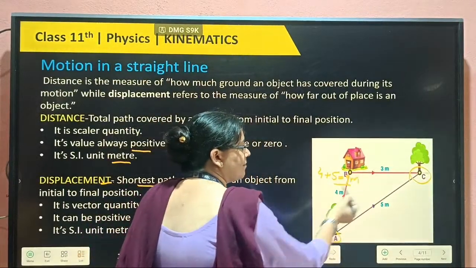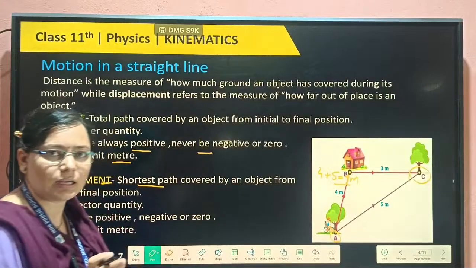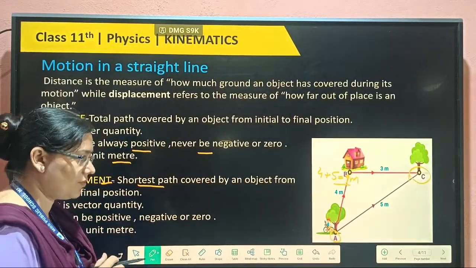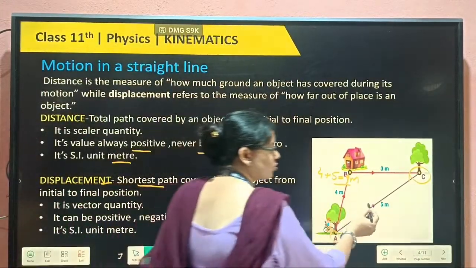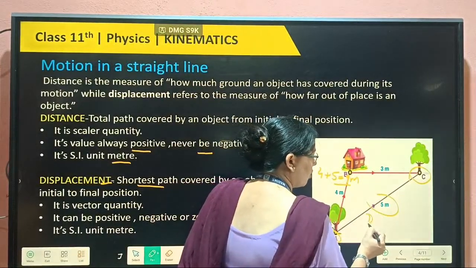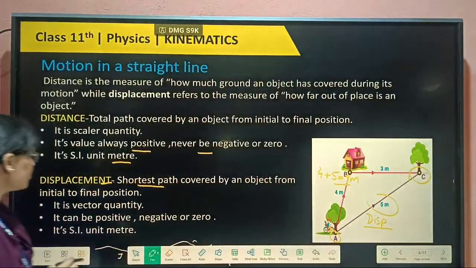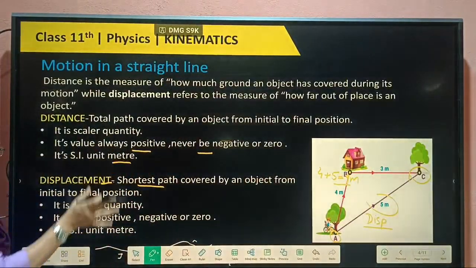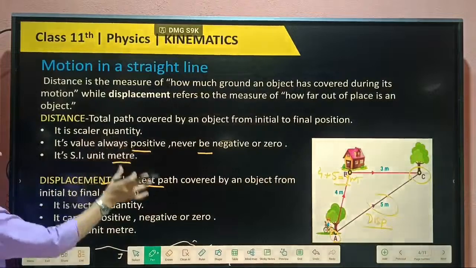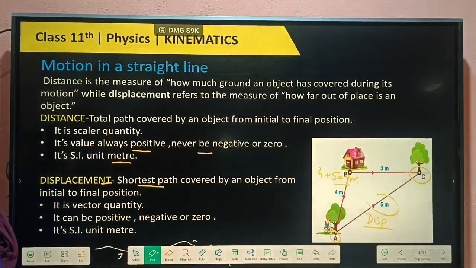This is the maximum path covered from initial to final. So 5 here is the shortest path, so we call it our displacement. Both are paths, but this one is the total path, this one is our shortest path.